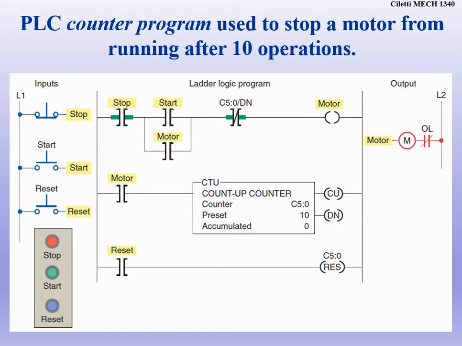Every time that contact closes, we're going to get a count up. When we reach 10, notice the line in rung 1 that has the counter 5. When the DN, the done bit, becomes true, that contactor is going to open and the motor won't be able to run until we reset the counter.